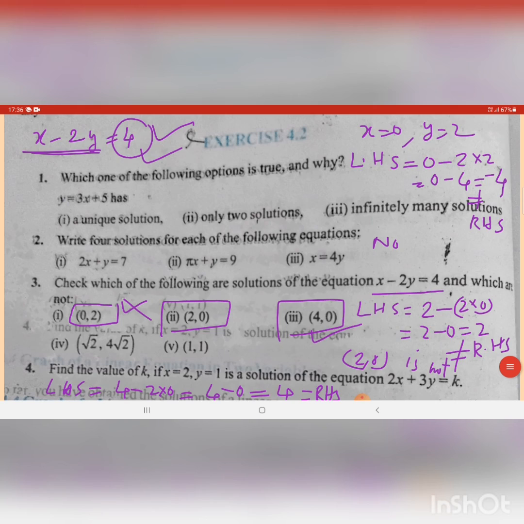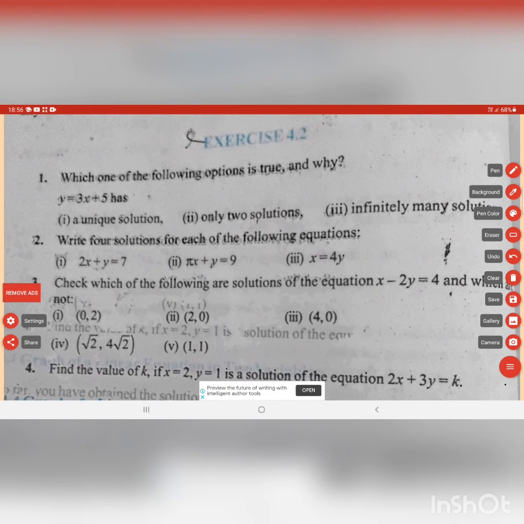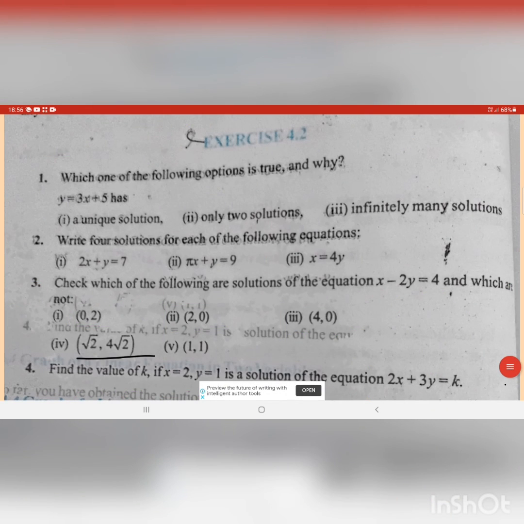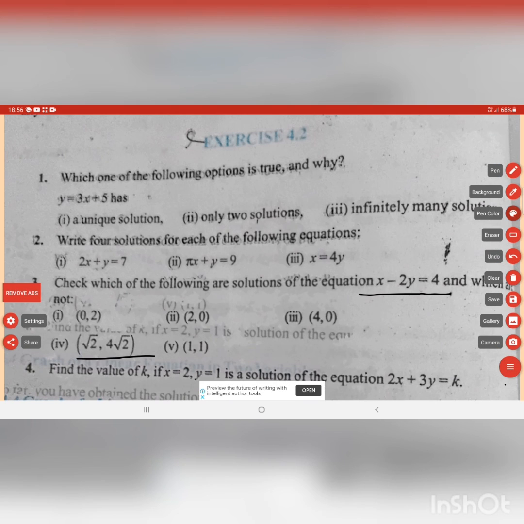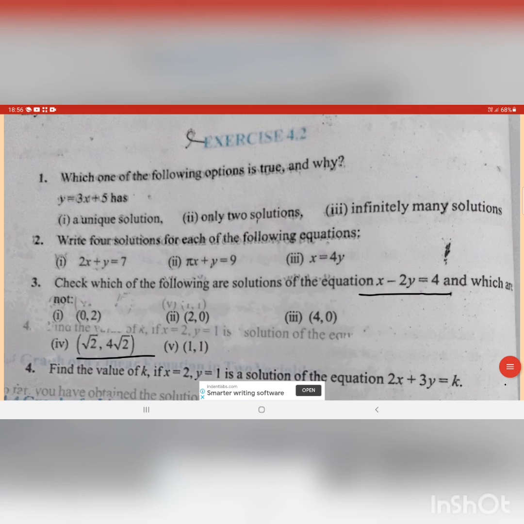Next, we have to check whether (root 2, 4 root 2) is a solution of this equation x minus 2y is equal to 4. Okay, now replace x by root 2. Root 2 minus 2y means 2 into 4 root 2.